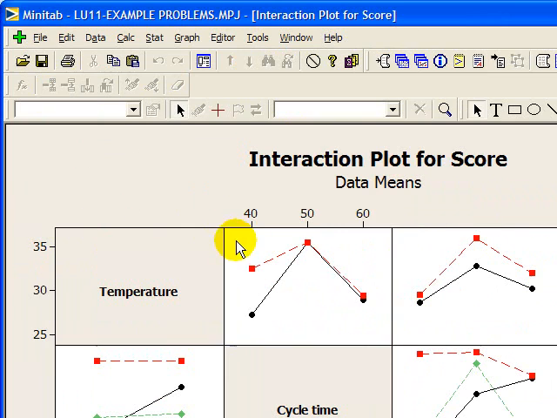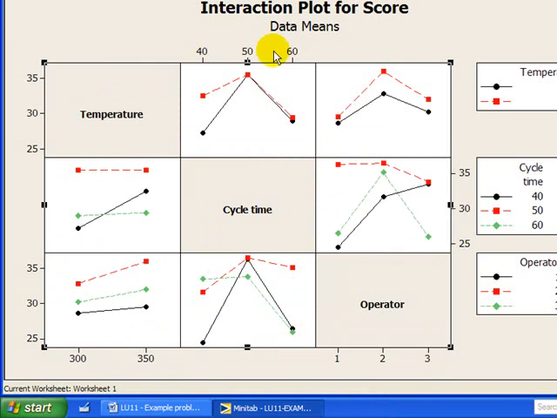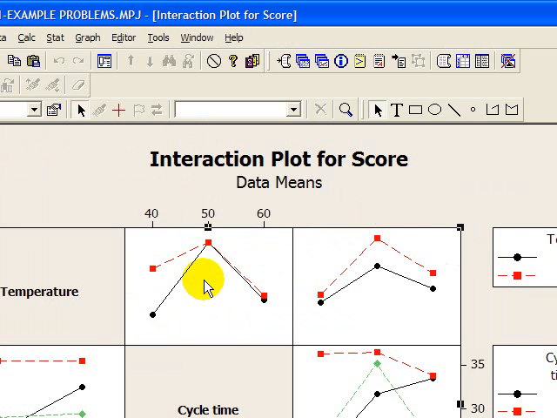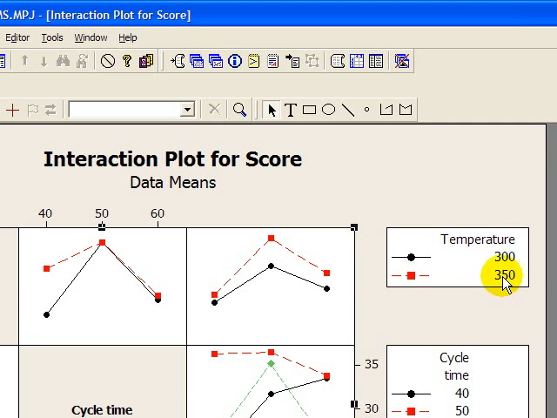Now you can see the first graph. For this particular graph here, on y-axis we have the scores, and on x-axis you have 40, 50, 60, that is cycle time. So cycle time against score, this particular graph, and the red and black color indicates the temperature, 300 and 350, right?